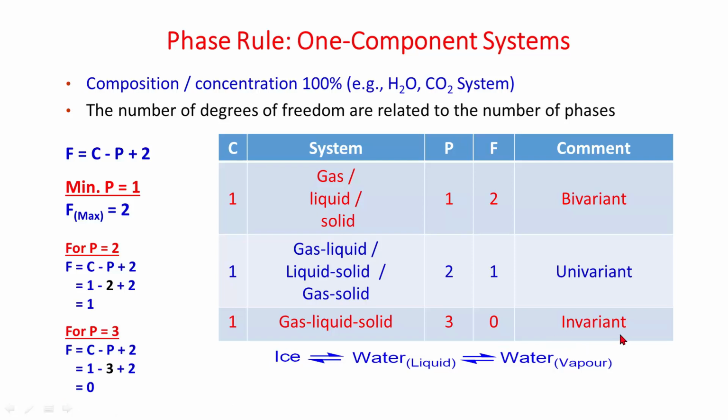That means system is invariant. We need not specify temperature and pressure for water system. It can occur only at 0.0098 degrees centigrade and pressure of 4.58 mm.